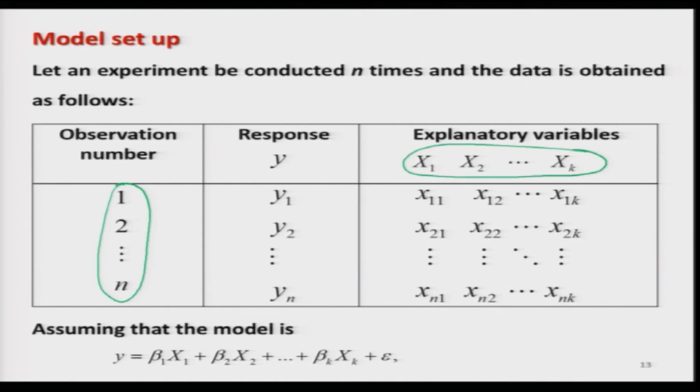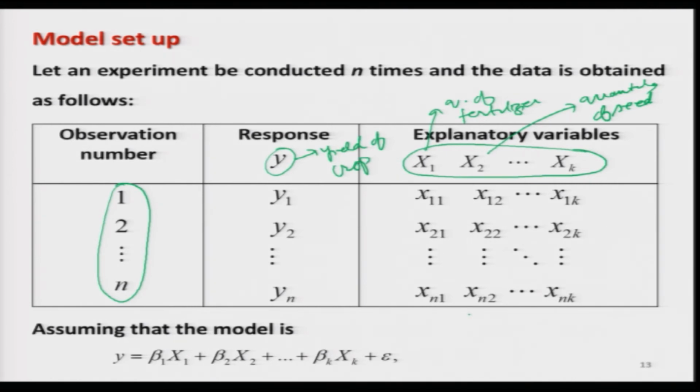How are you going to conduct the experiment? Suppose x1 is the quantity of fertilizer, x2 is the quantity of seeds, and y is the yield of a crop. What will you do?